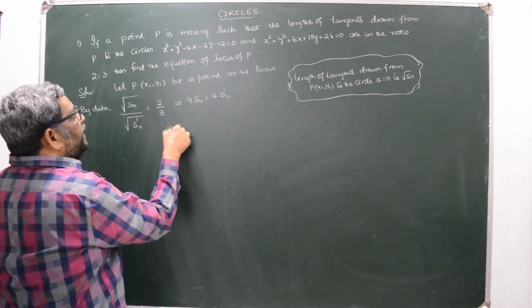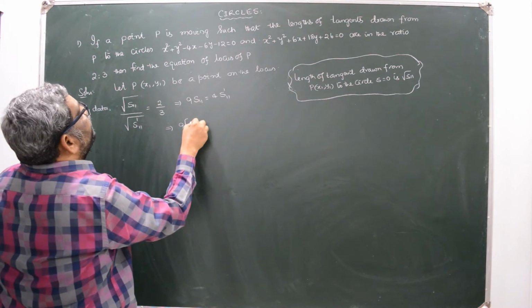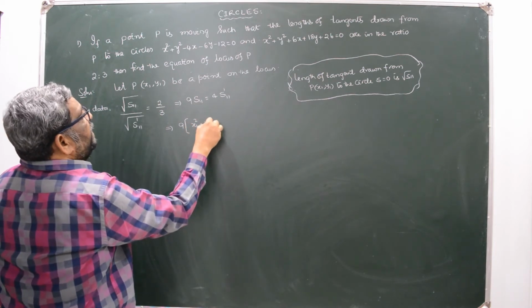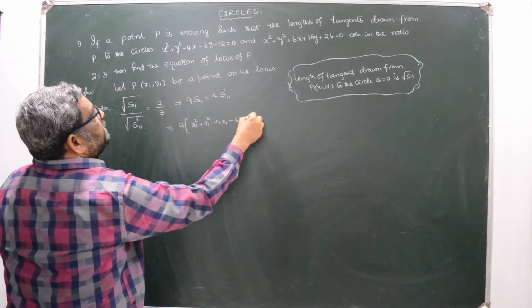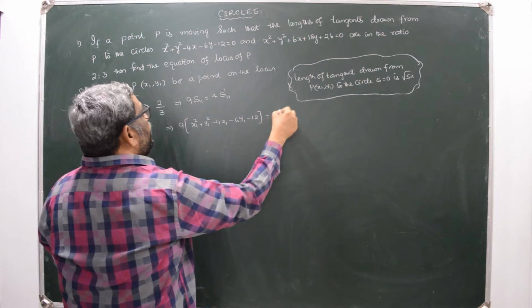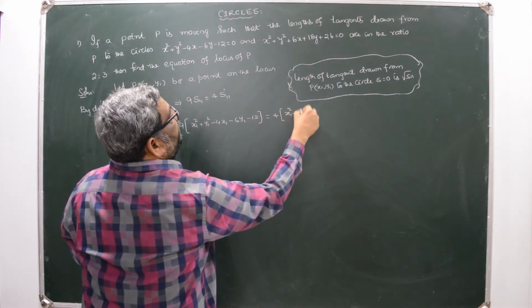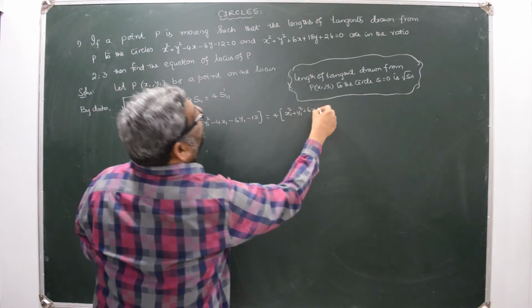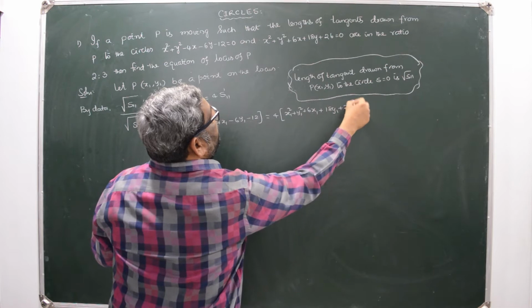Now I'll simplify: 9 into (x1 square plus y1 square minus 4x1 minus 6y1 minus 12) is equal to 4 into (x1 square plus y1 square plus 6x1 plus 18y1 plus 26).